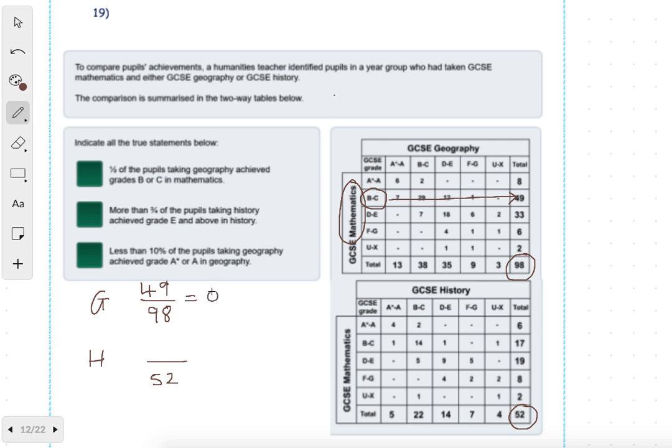If you stick that in a calculator, it'll tell you it's 0.5, and 0.5 is the same as a half, so this would be a true statement. But I just wanted to illustrate how I would use the fraction, and the 98 will be involved in every question for geography, and 52 would be involved in every question for history.